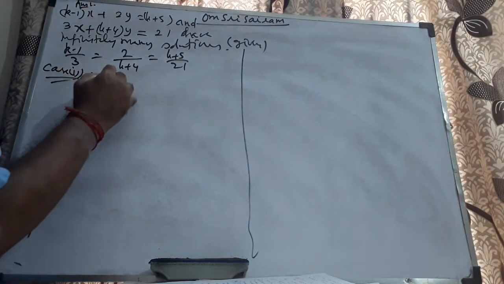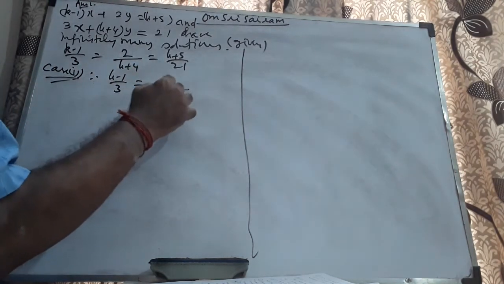Now, let me think about case 1. (k minus 1) by 3 is equal to 2 by (k plus 4).